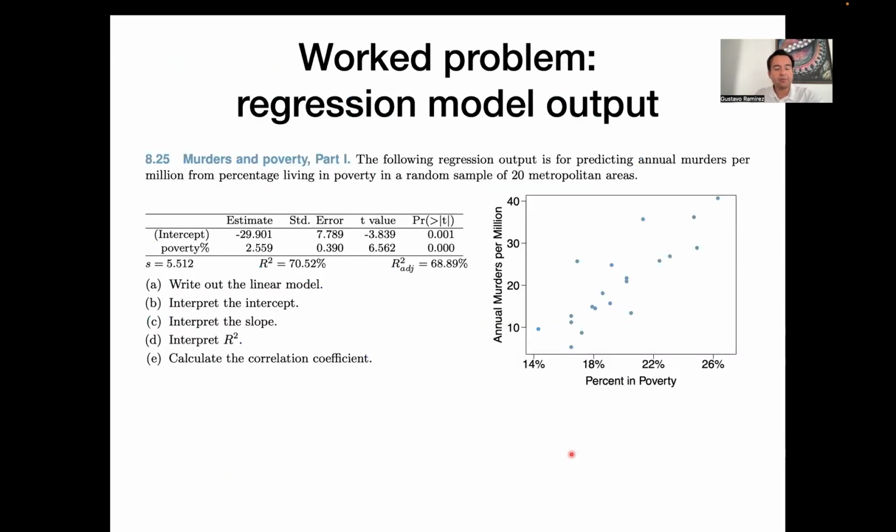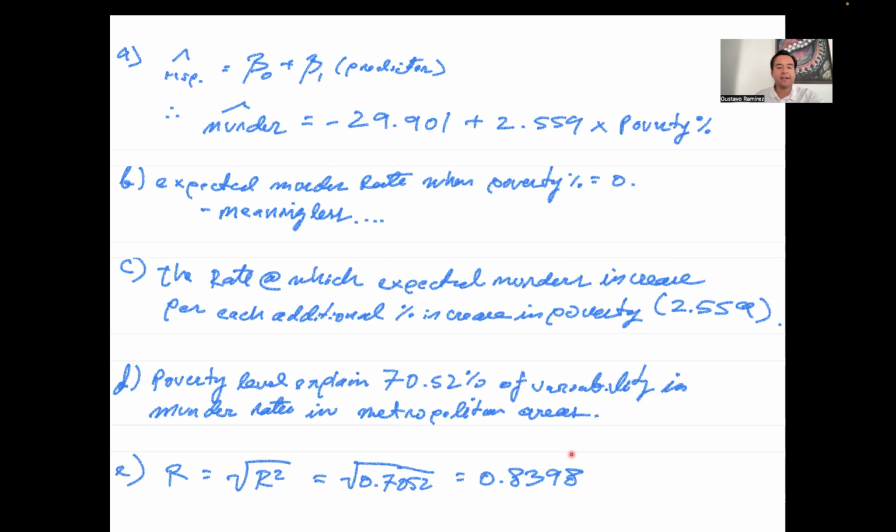All right, moving on to D, we're interpreting R square. Poverty level explains 70.52% of variability in murder rates in metropolitan areas, which is quite impressive. If you were to take other things into account, right? I don't know, education level, density of housing, anything else you can fit to this model, whatever else you bring in can only explain the remaining 30% of the variation.